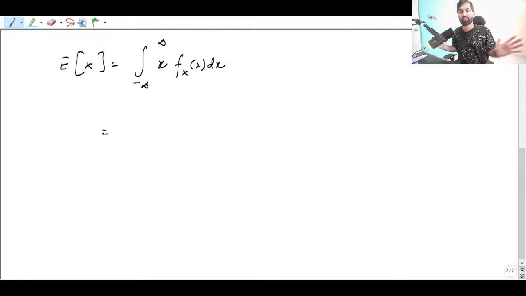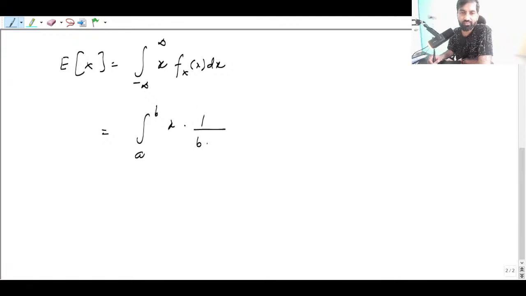Though in the case of a uniform density function you don't have to use this expectation formula or do this kind of integral, it's fine. So this is the integral from a to b of x times 1 by b minus a dx.